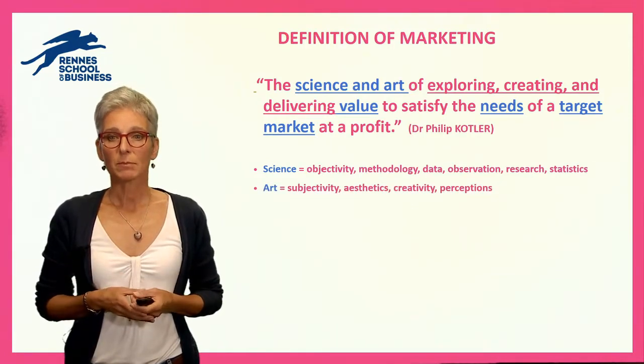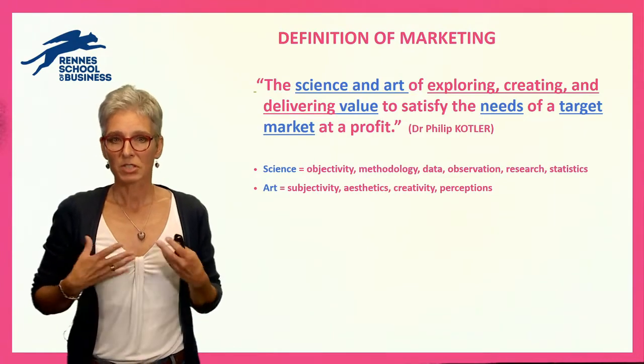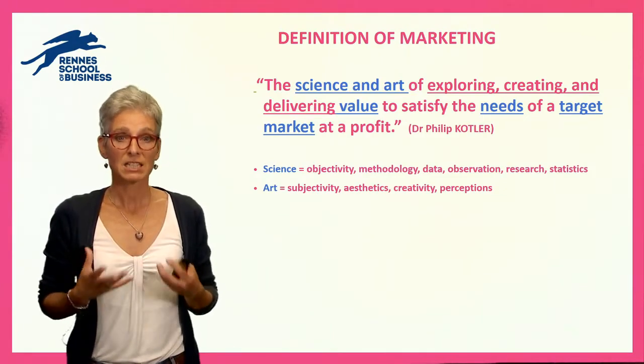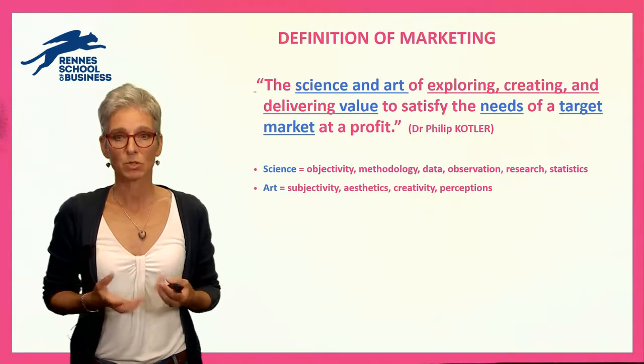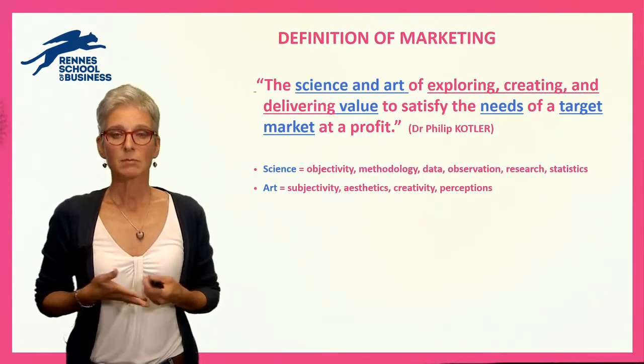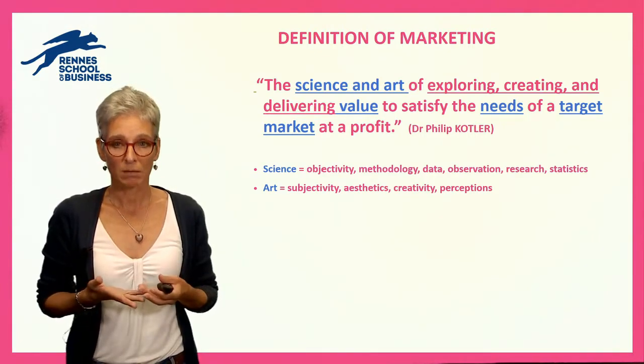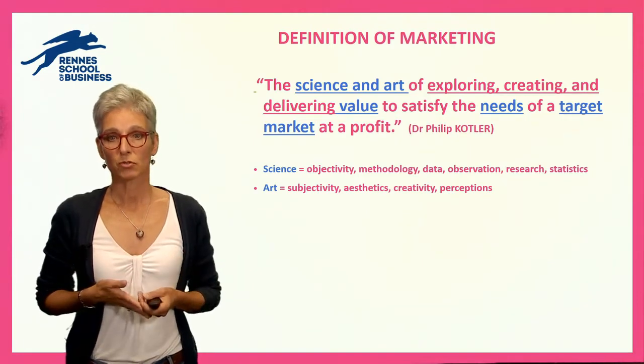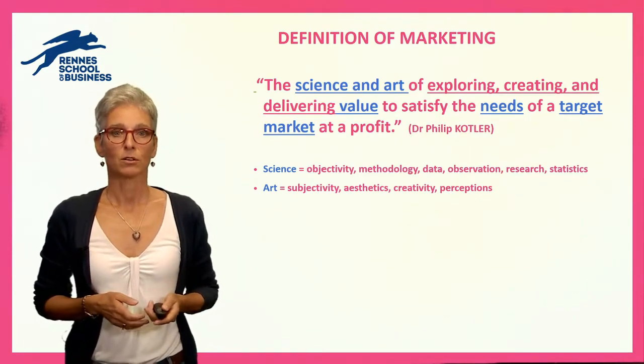He also describes it as an art. Art is subjective. We're talking about aesthetics, creativity, perceptions. So in the second semester, when we talk about the marketing mix, we're going to also be introducing the art side of marketing.